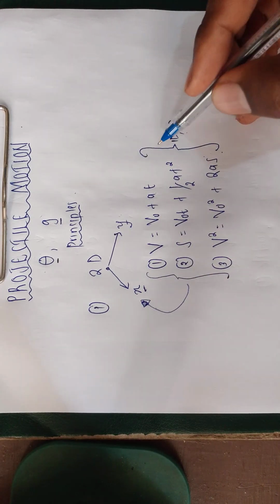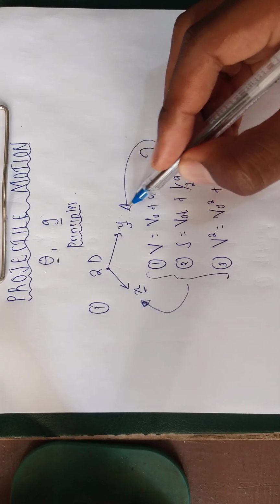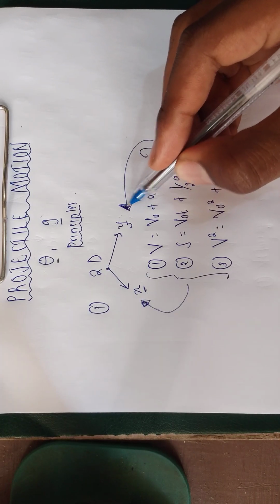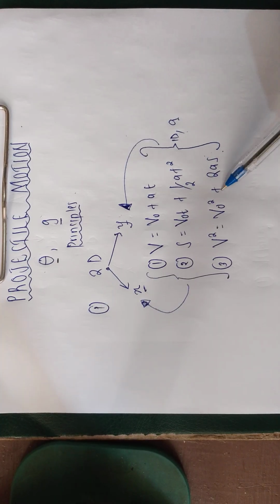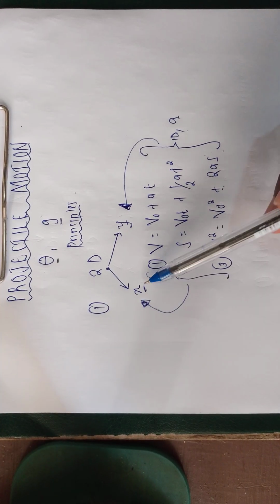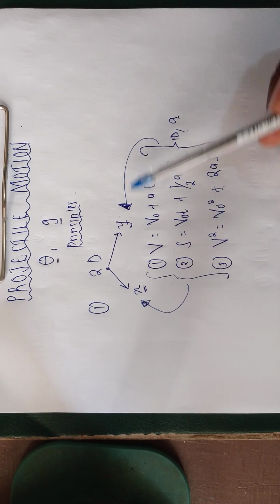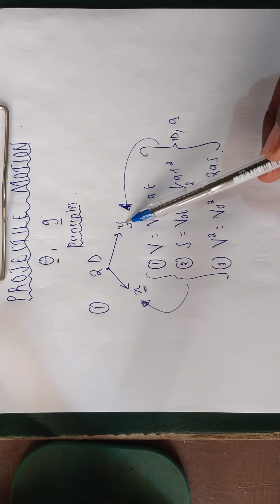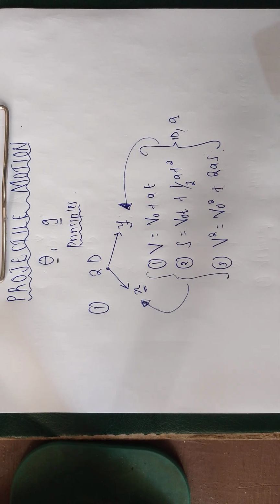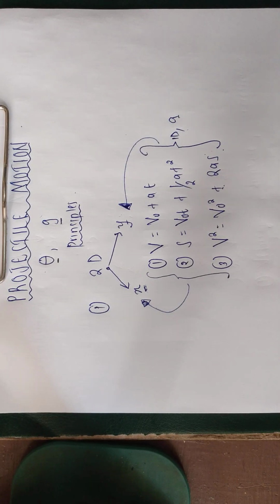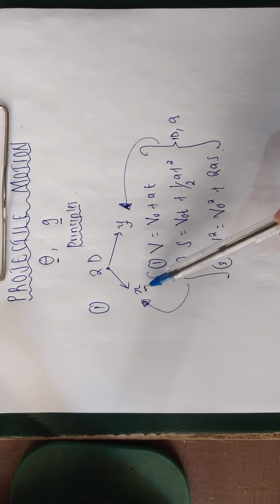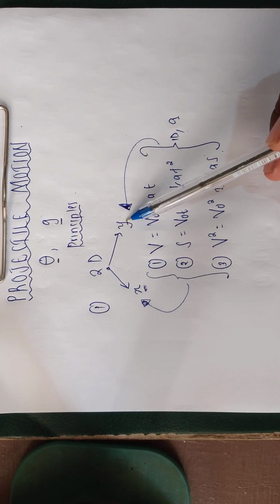You can also use these same equations and modify them so that they are aligned with the y-axis. So we analyze the x-axis separately, and you also analyze the y-axis separately. Since projectile motion is in two dimensions, our main focus will be resolving all the vectors into the x component and y component.